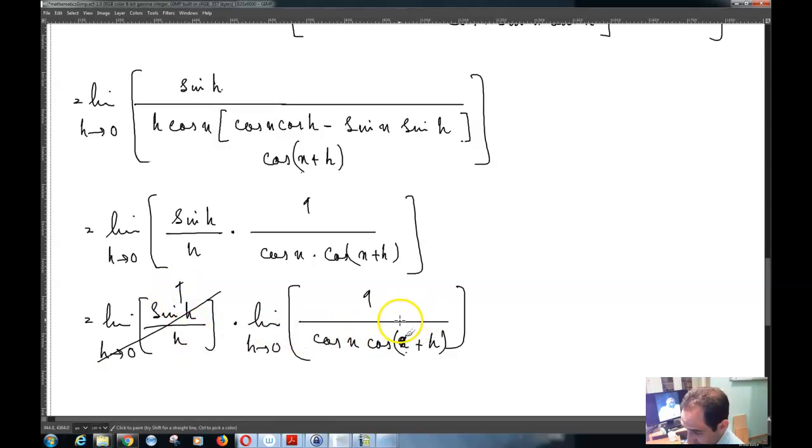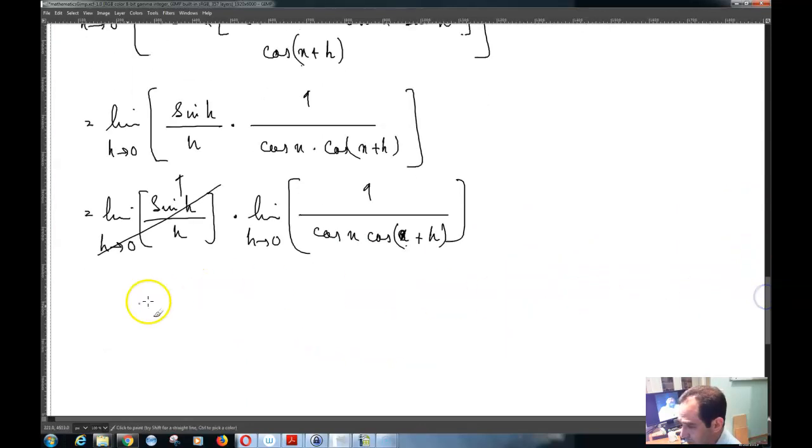And then if h tends to 0, this simply becomes 1 over cos squared x, which is equal to secant squared x.